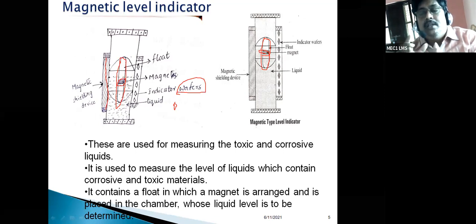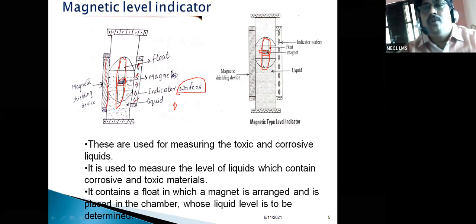In the float, there is a magnetic bar. Around this sealed chamber there is a magnetic shielding device and an indicator, with wafers arranged in a series.